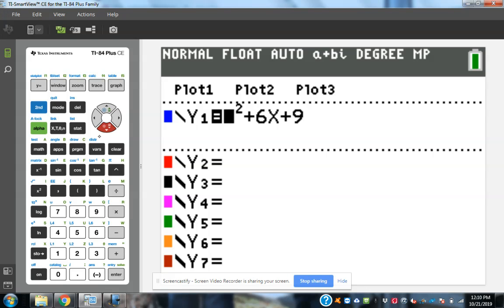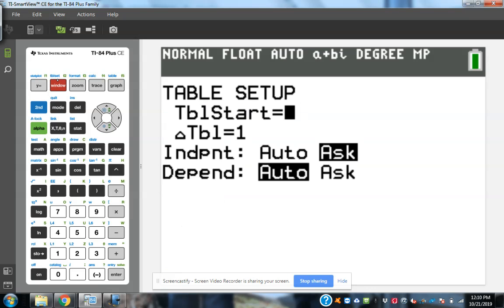Okay. Now, the next thing we want to do is set up our calculator so that we can type in any x value that I want and get the y value back to us. Okay. So the way we're going to do that is hit second and then the window button. Second window.